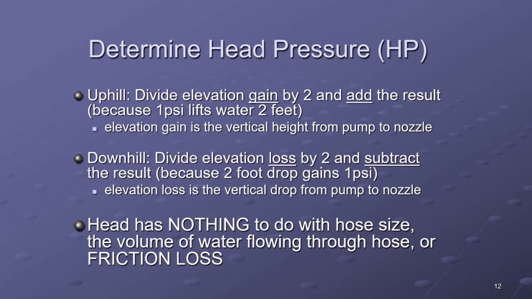I divide that elevation gain by 2 and add the result in my equation. So it's a plus for head pressure. If I go up 100 feet, I add 50, because half of 100 feet is 50. If I'm going downhill, I divide that elevation loss by 2 and I subtract the result, because it's the exact same thing, but I'm going downhill, so I'm gaining that pressure by going downhill.